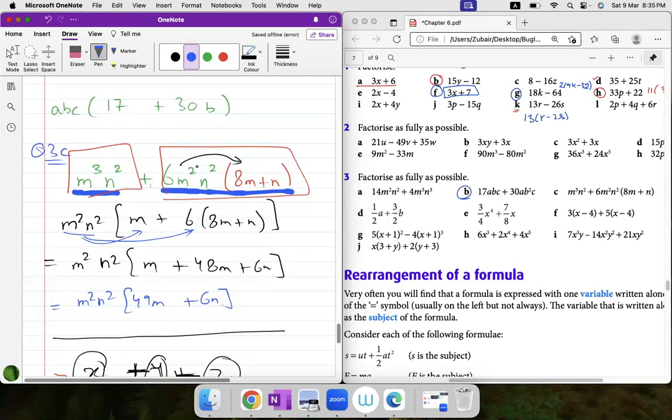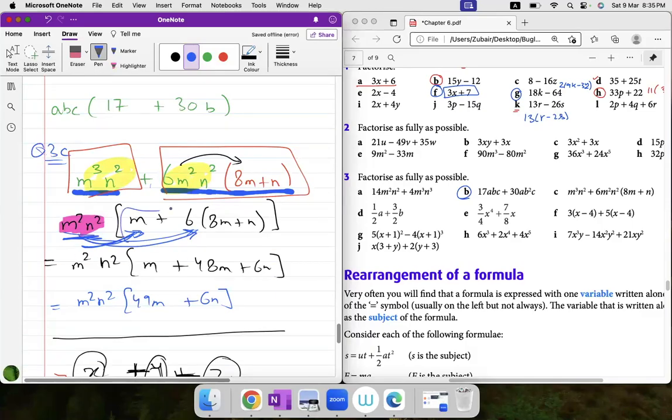So I was looking at these two terms and I saw a chance: why can't I take out common out of these two? So I took that advantage and took out mn square. And when we look at the first two, if I just multiply these two, I'll get that back, m cube n square. And from 6, mn square is outside.